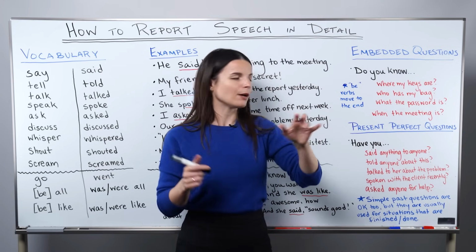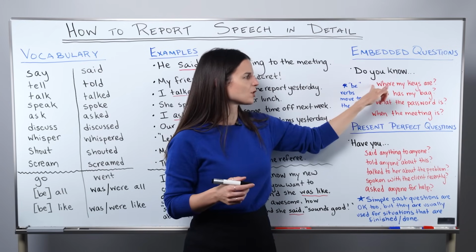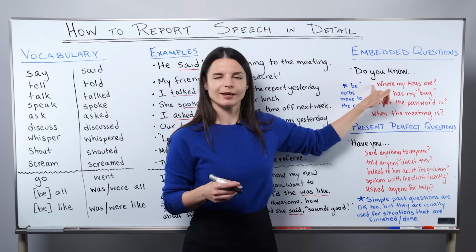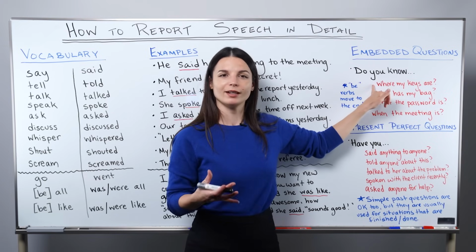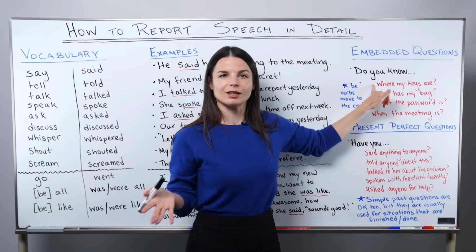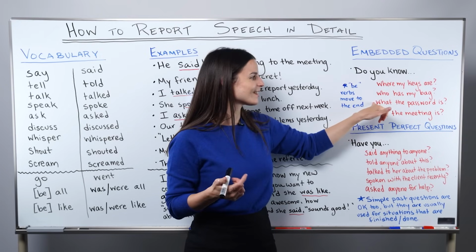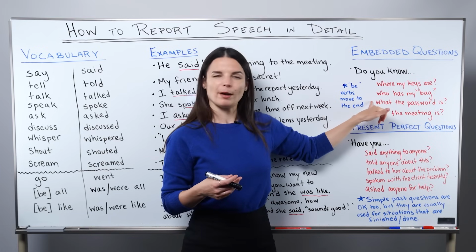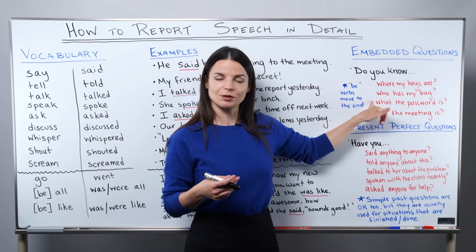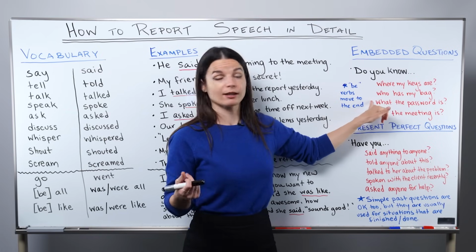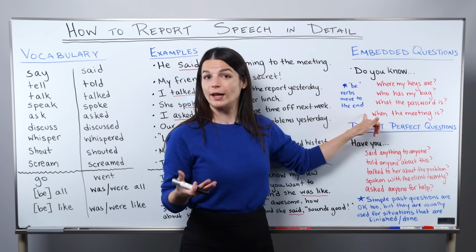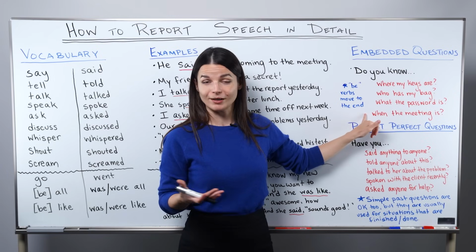So think about these basic questions. "Where my keys are?" Well, that's not a grammatically correct question, right? When you are looking for your keys, you say, "Where are my keys?" Or in this sentence, not "what the password is," but "What is the password?" That's grammatically correct. In this sentence, "When is the meeting?" This is grammatically correct, right?